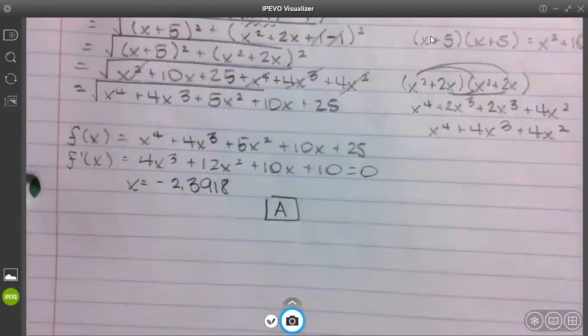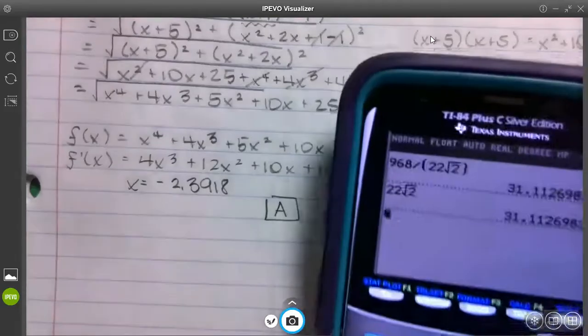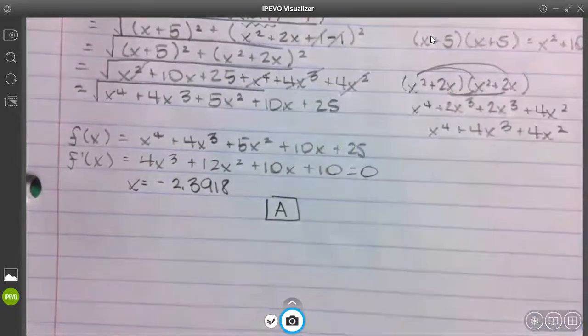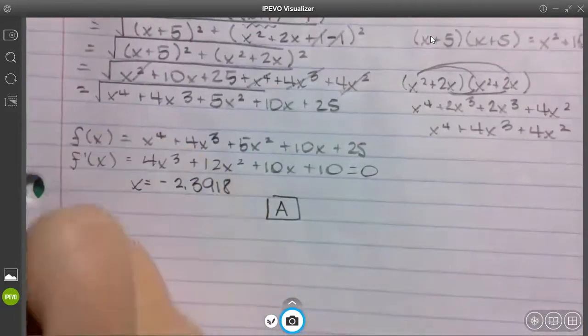So x plus 1 squared, parentheses, negative 2.3918 plus 1 squared gives us 1.397. That's with our answer choice A. Okay. All right. Number 6 is the same exact way. It also has x plus 1 squared, which makes it a little bit easier because we've already squared everything out.